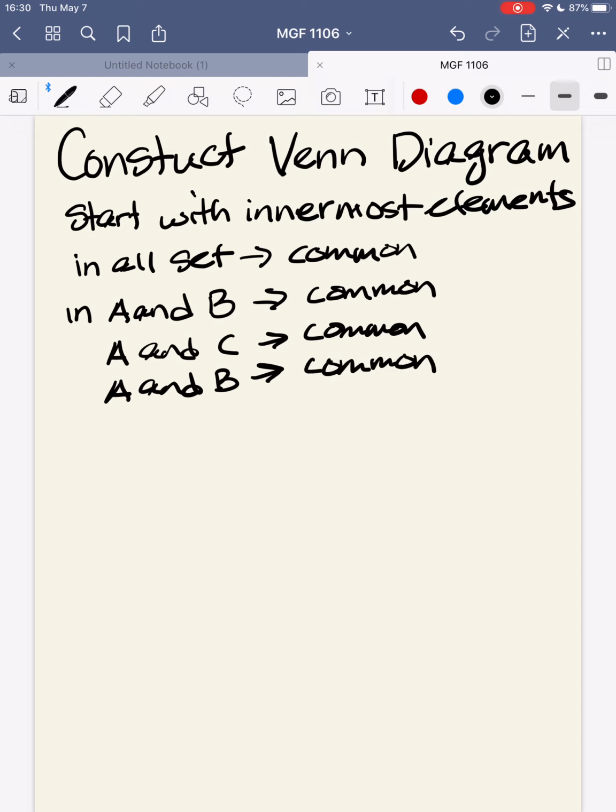And then look at what you haven't used in any of those sets. So then look at set A minus whatever it had in common, and then set B minus whatever it had in common with another set, and then C. So those elements will be only in that set.